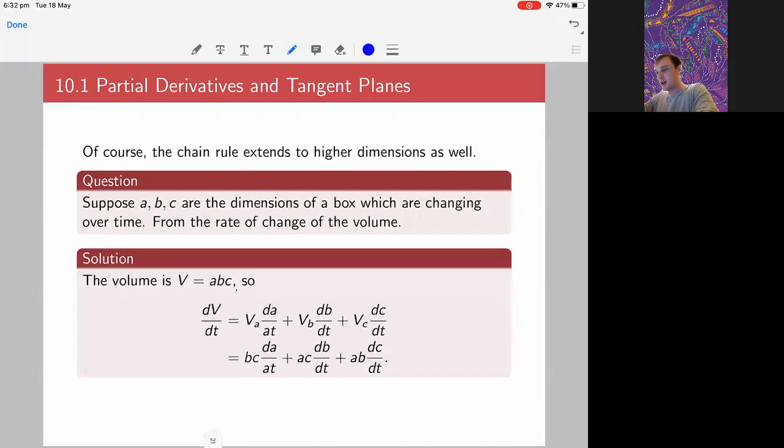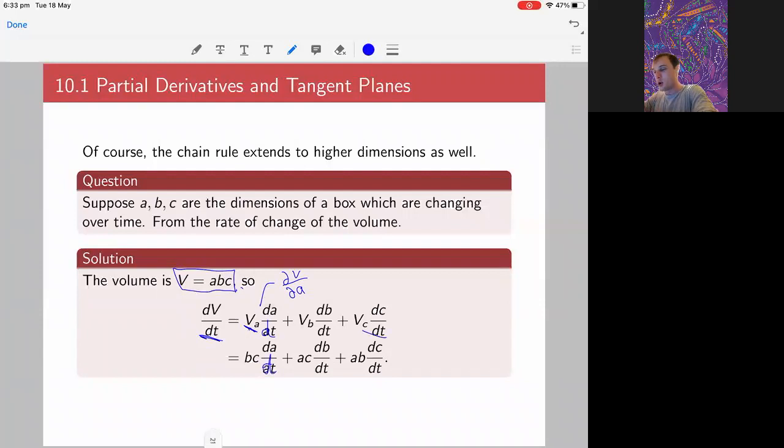Well, the volume we know is A times B times C. So the derivative of v with respect to t is the derivative of v with respect to a. So just remember, you can use different notations. I can use here dv on dA times dA on dt, dv on dB times dB on dt, and then the same thing for c.